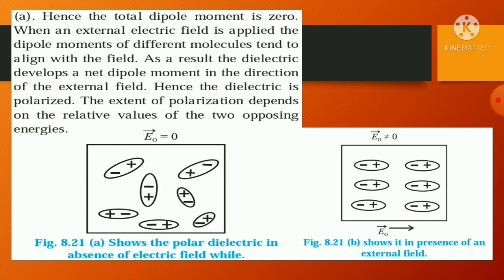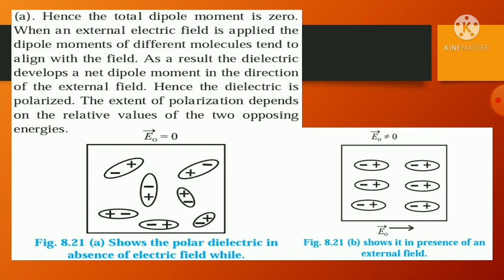As a result, the dielectric develops a net electric dipole moment in the direction of the external electric field. The net dipole moment is in the direction of the external electric field, which is shown in figure 8.21b.